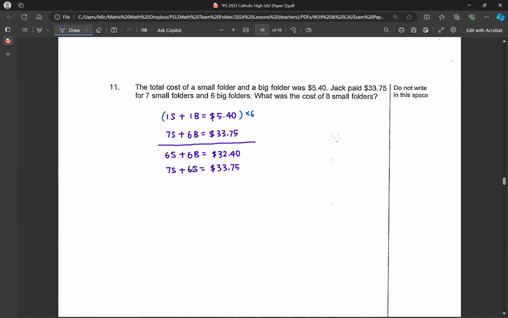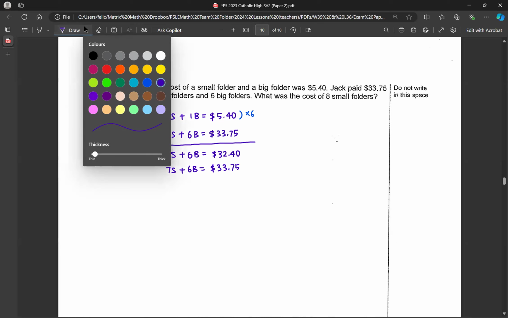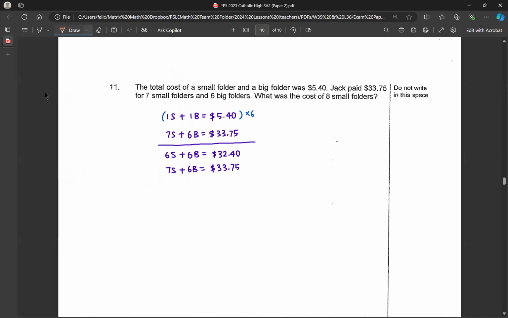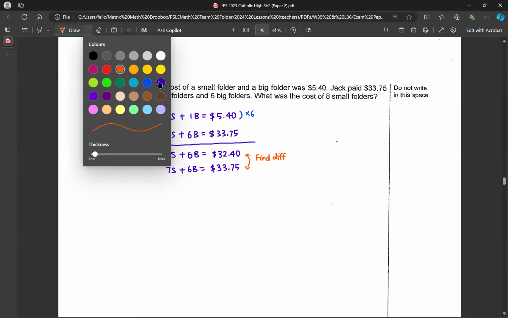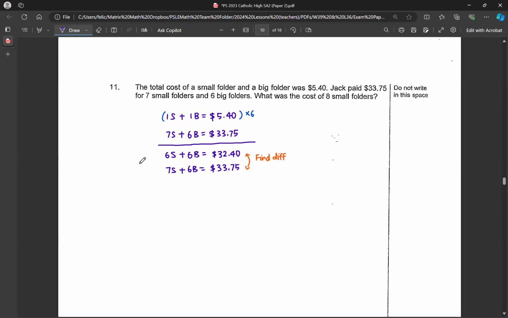Now you notice from here, one thing you can get rid of is the big folders. 6B, 6B. You can get rid of 6B. How to get rid of 6B? Simply by finding the difference between the two equations. That's how you can get rid of the B. At the same time, how many small are you getting? 7S minus 6S, you are getting the cost of 1 small.